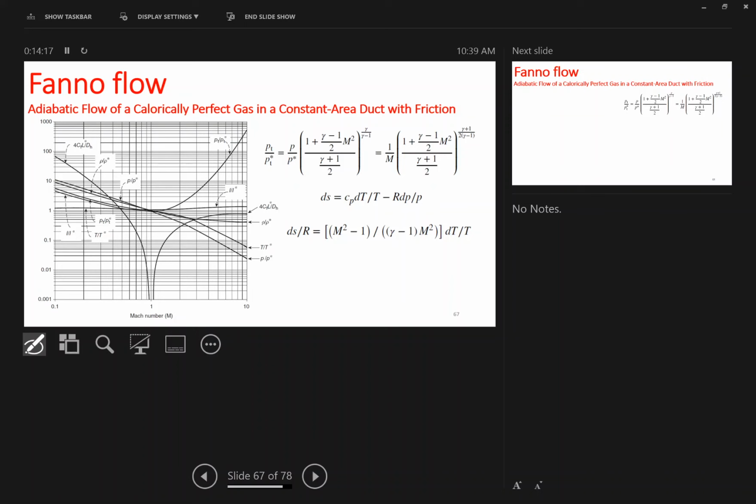Are there any questions so far? Okay. So as we did for the Rayleigh flow, what we want to do is to plot the TS diagram, right? And this diagram on the left is essentially plotting the evolution of the ratios for sonic, subsonic and supersonic conditions.